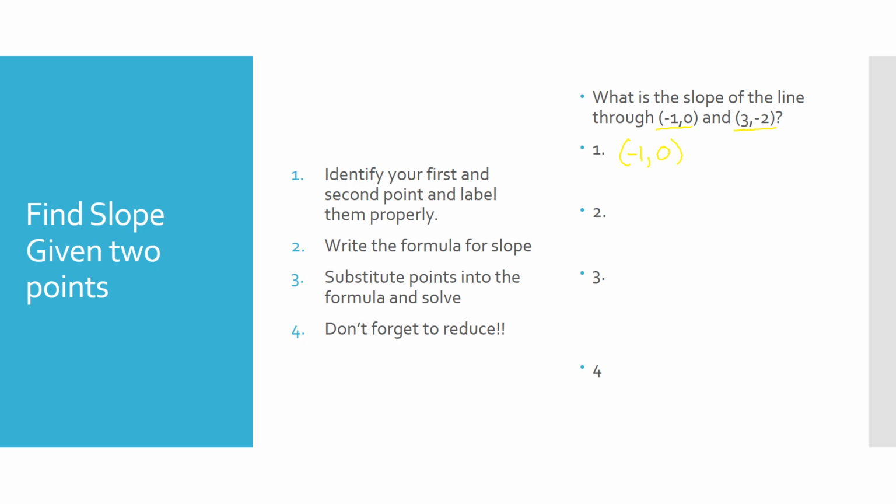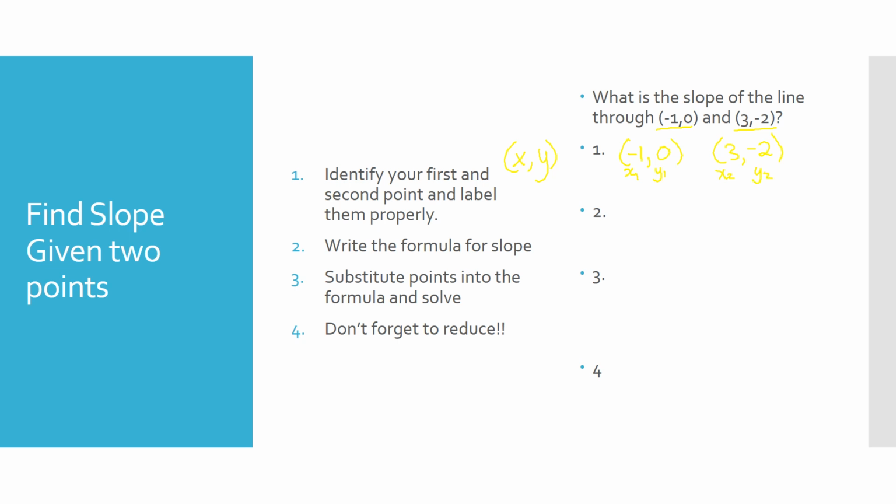Since this is my first x point, this is my x1, and since this is my first y point, this is my y1. Remember, a point is always in the form x, comma, y, or an ordered pair. So now my second point will be labeled x2 and y2.